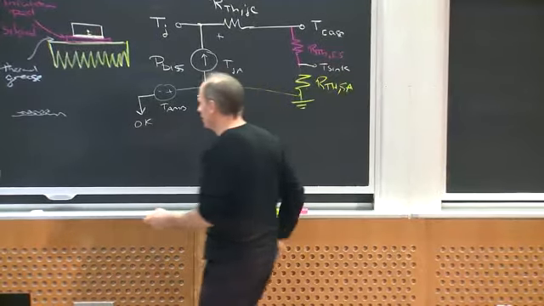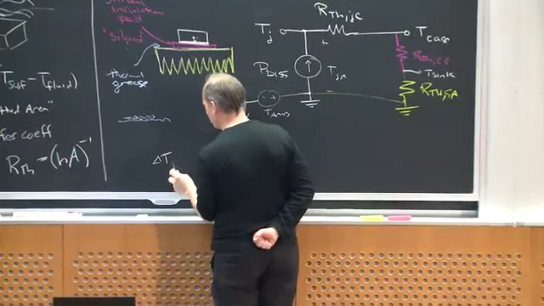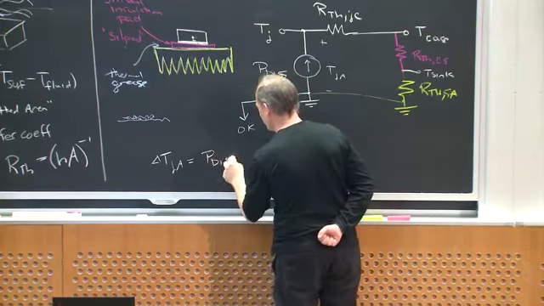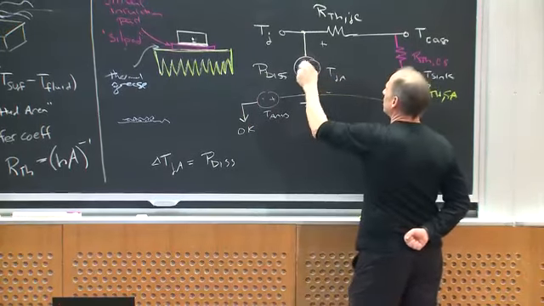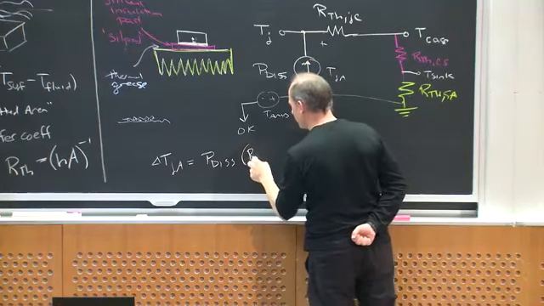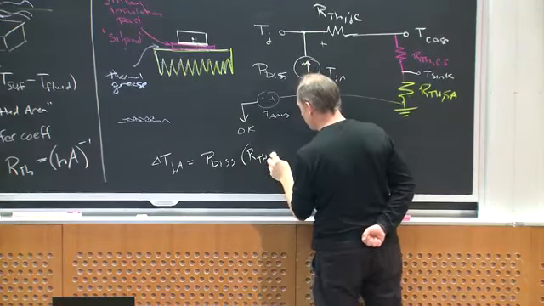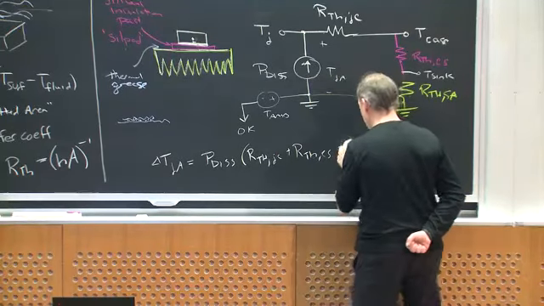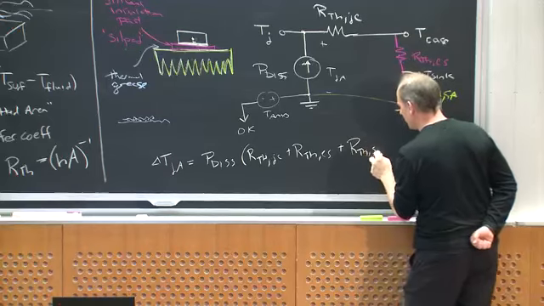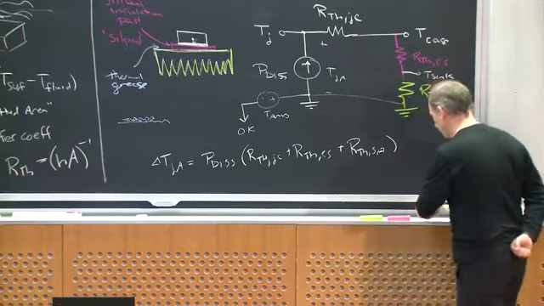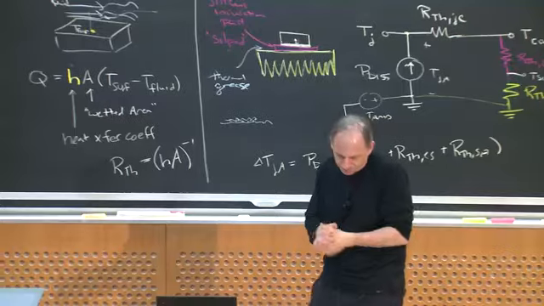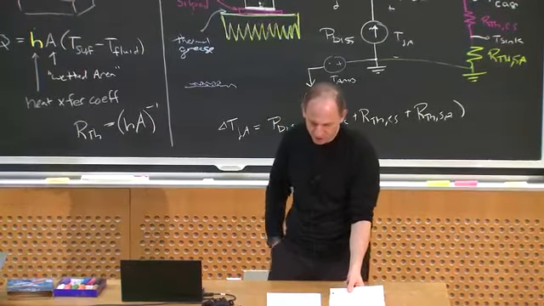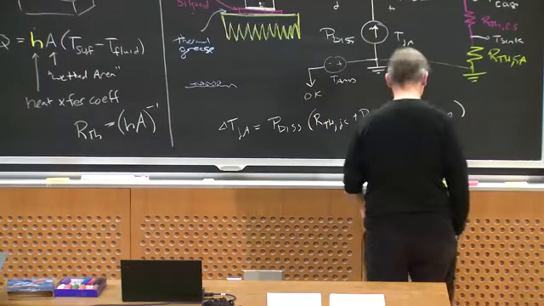So then I can find delta T junction to ambient is simply going to be P_dis, which is this power dissipation, times Rth junction to case plus Rth case to sink plus Rth sink to ambient, right? And then I'm done.